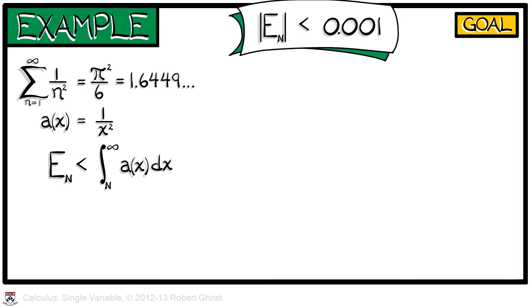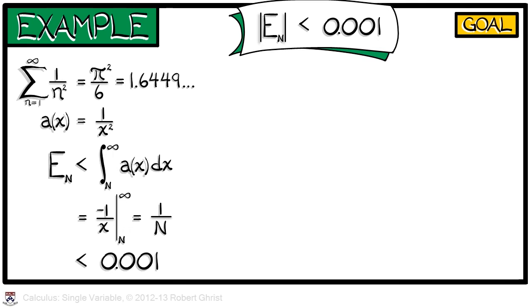By the integral test bound, e sub capital N is less than the integral from capital N to infinity of a of x. We've done the integral of 1 over x squared enough times so that you'll believe me when I say that this integral comes to 1 over capital N.